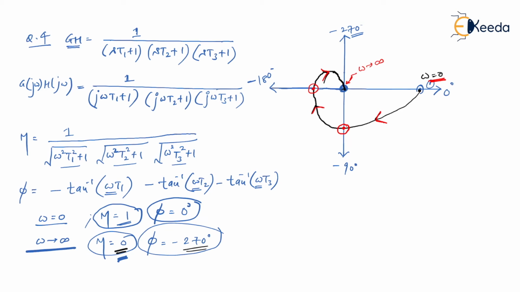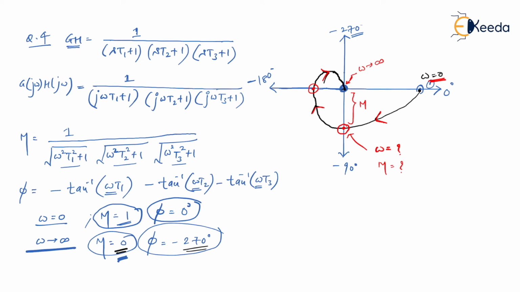So what must be the value of omega when the phase is equal to minus 90 degrees? For this intersection point where your polar plot is crossing minus 90 degrees, I'm interested to know the value of omega, and I'm also interested in the magnitude.